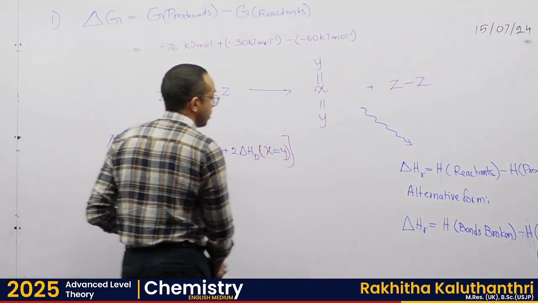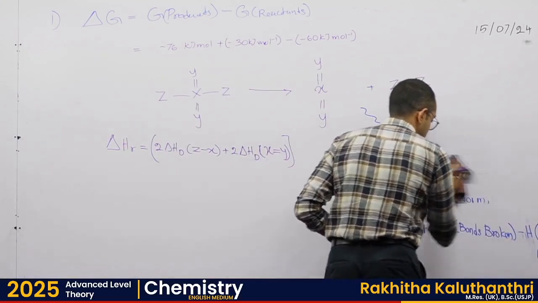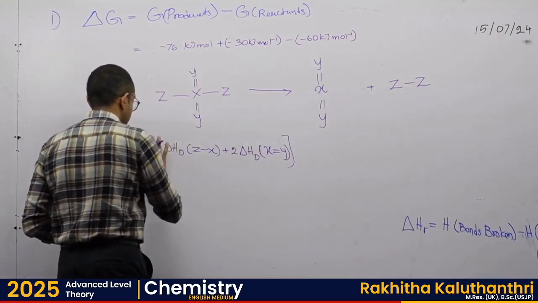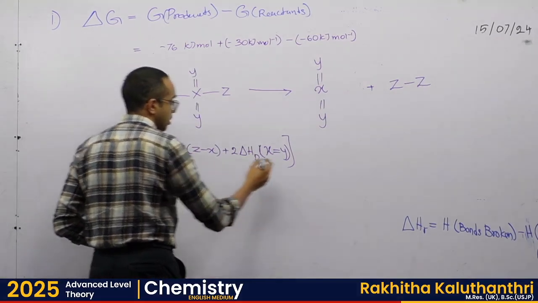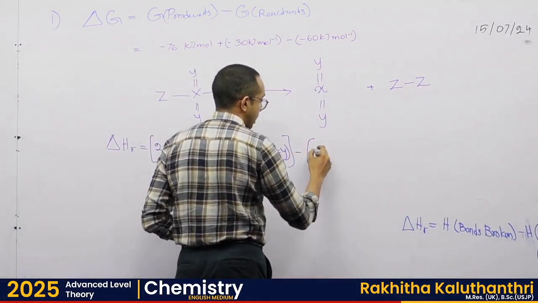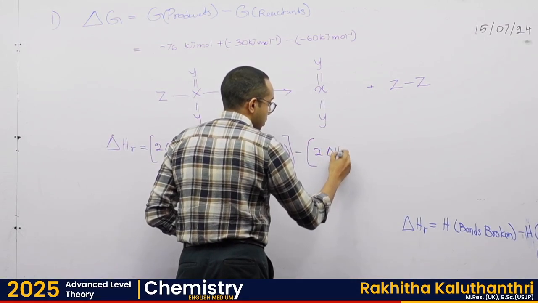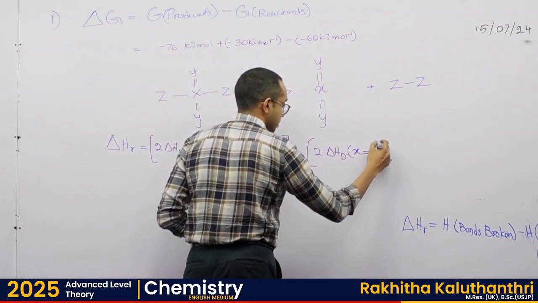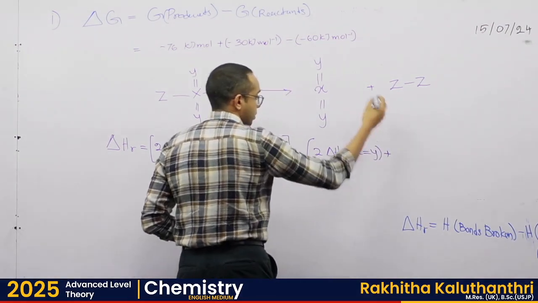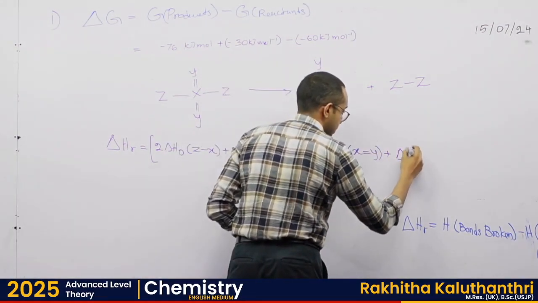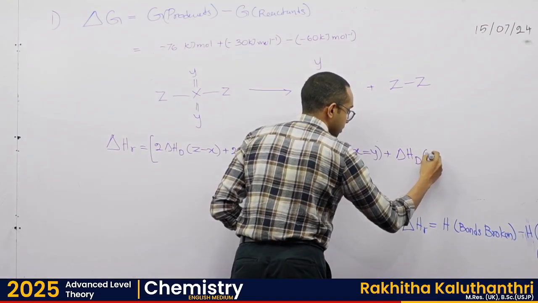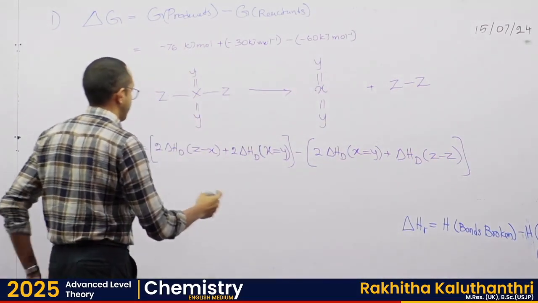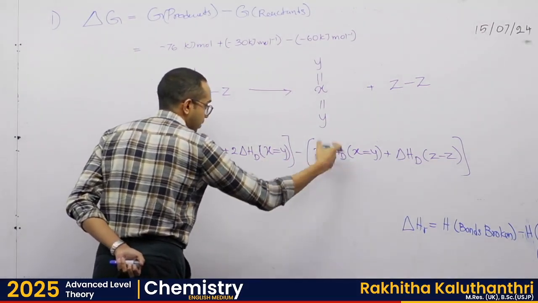Now from this we have to subtract. I will erase this part. From this we have to subtract. Now these are the reactant bonds minus product bonds. Now product bonds are again 2 delta HD XY plus we have delta HD ZZ. Now when you open brackets, you can very clearly see these two anyway cancel off.